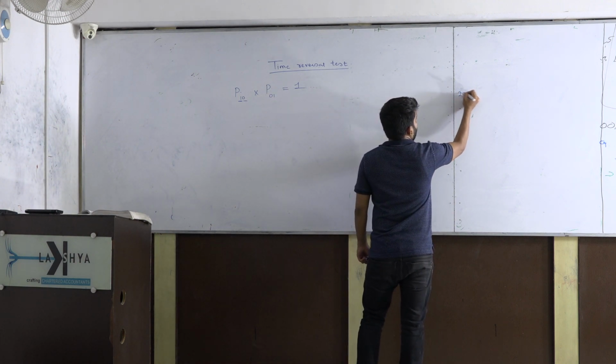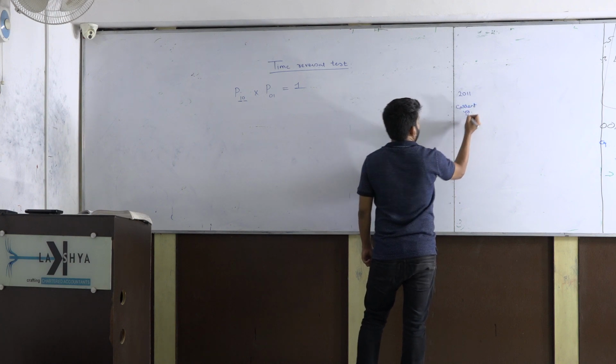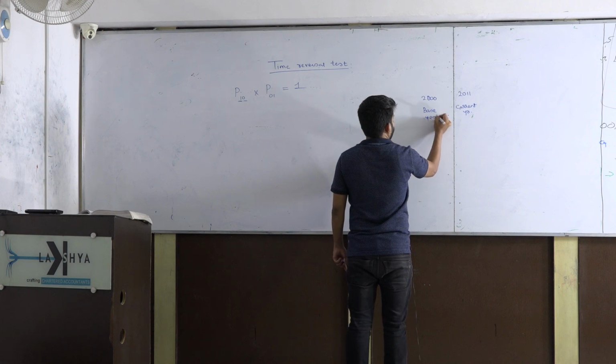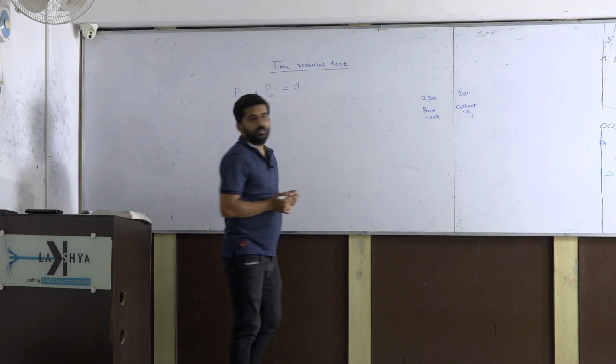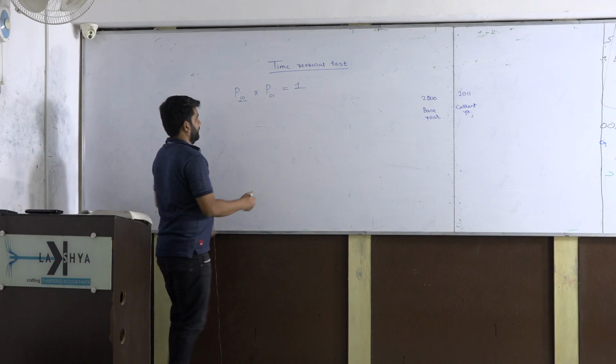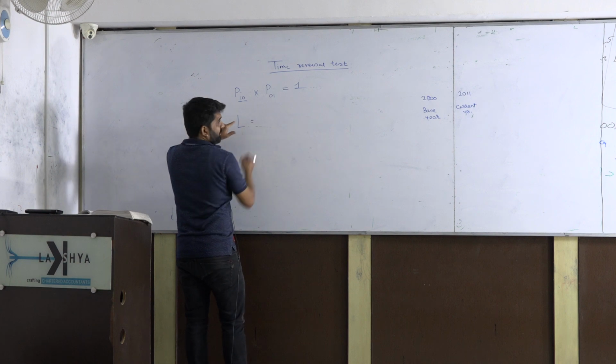Say 2011 is the current year and 2000 is the base year. Let us do it one by one, starting with Laspeyres' method. What is the basic formula?